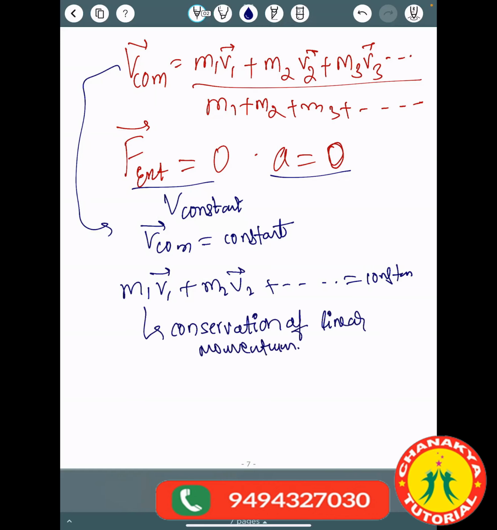So if someone asks you what is the condition for conservation of linear momentum of a system, then you should say that there should not be any external force. This means there is no change in momentum. That means P final minus P initial equals 0, which is nothing but P final is equal to P initial.